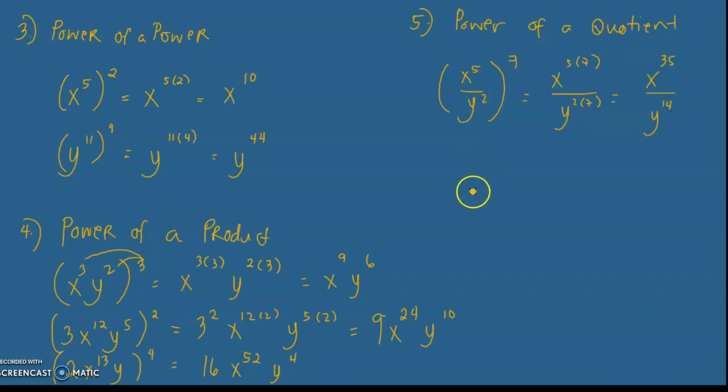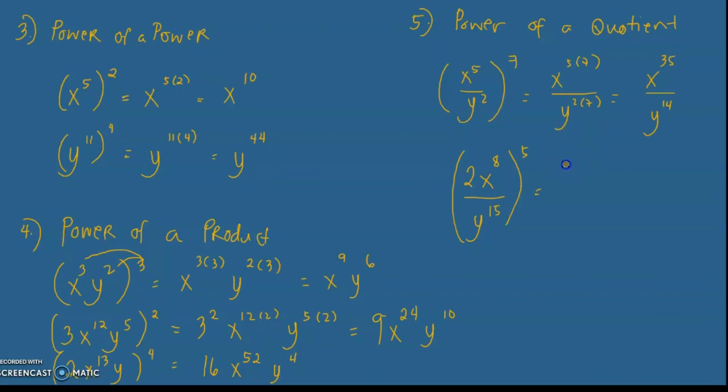Another one, if we have here 2x raised to 8 all over y raised to 15, and that is being raised to 5. So, of course, again, even though it's a number, we need to give it the exponent outside the parentheses.